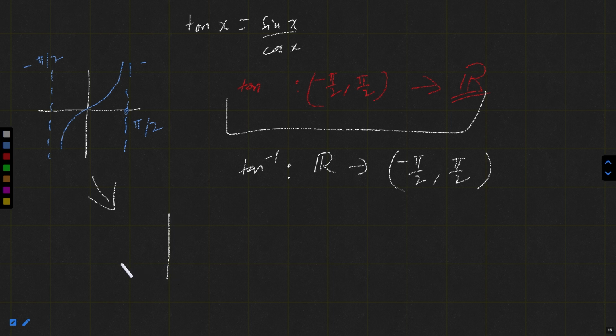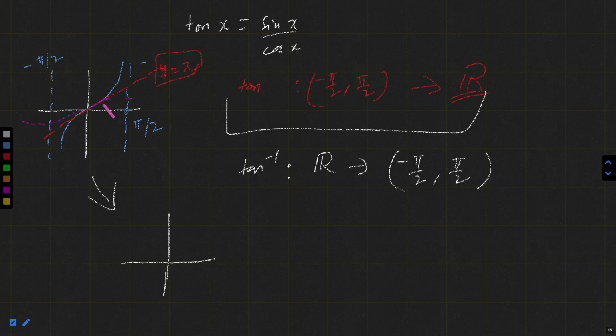If you take the mirror image about y equals x, it will look something like this and this.